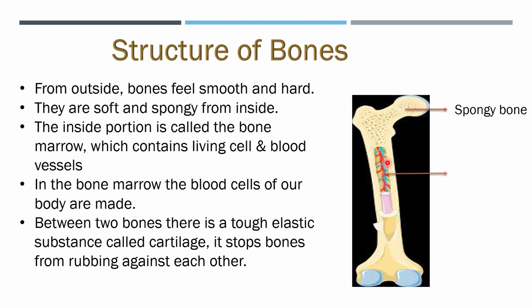As you can see in this image, these are the blood vessels. In the bone marrow, the blood cells of our body are made. Between two bones, there is a tough elastic substance called cartilage. It stops bones from rubbing against each other. And this is the outer part of the bone, which is called hard bone.